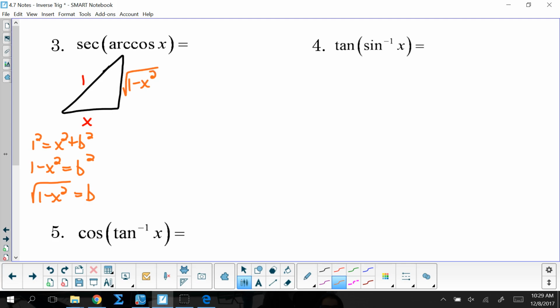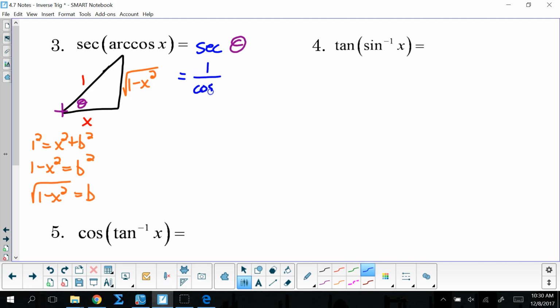Okay, so the secant here then of theta is going to be 1 over the cosine of theta. So that's 1 over the cosine of theta is going to be x over 1.